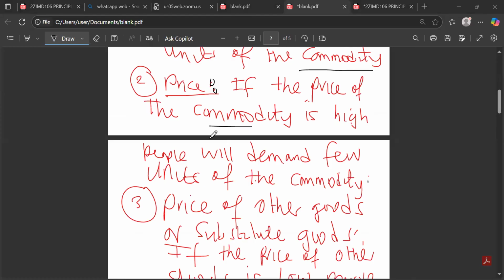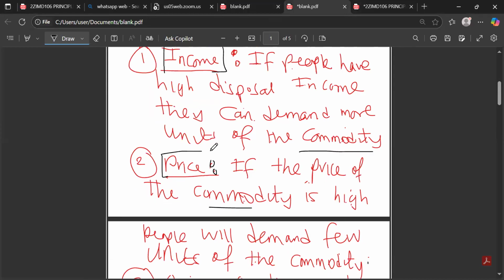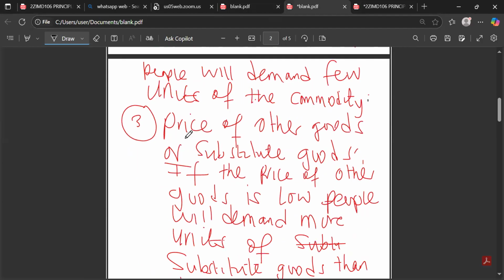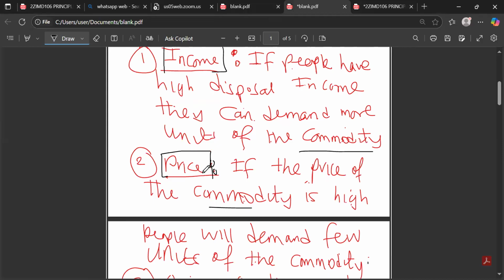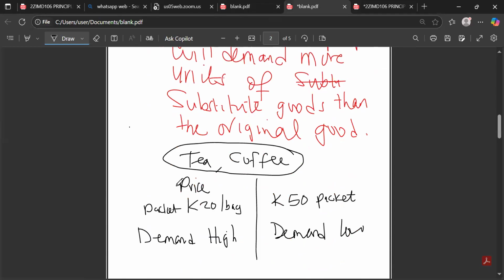So we've mentioned how many components? We have mentioned income, then the price of the original good, the price of other goods, and the price of substitute goods.